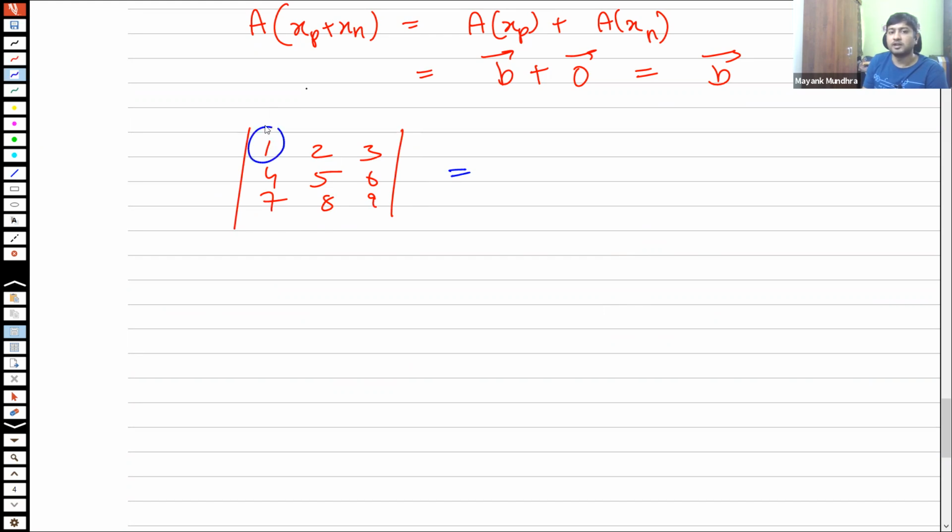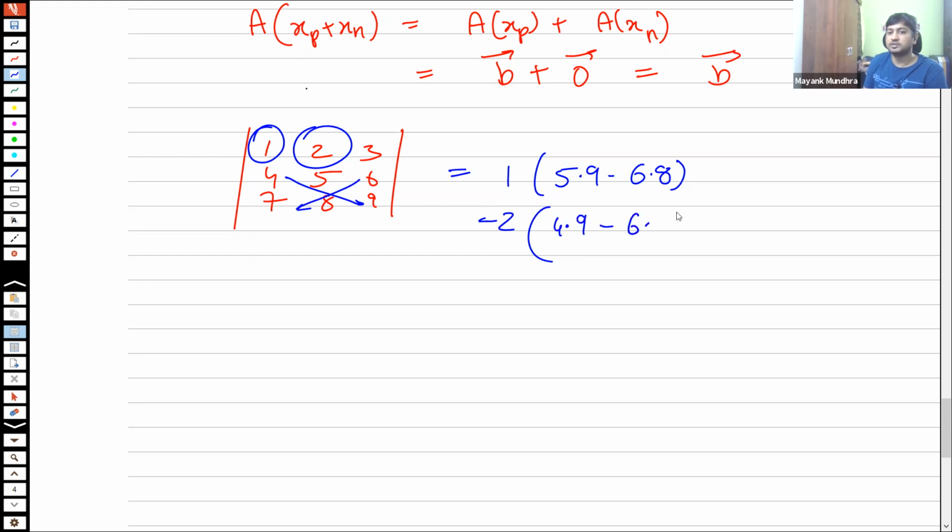That will be 1 times this cross multiplication, 5 into 9 minus 6 into 8, minus 2 times this cross multiplication, 4 into 9 minus 6 into 7, plus 3 times, when I take 3, I look at this cross multiplication, 4 into 8 minus 5 into 7. So that's 3-dimensional.